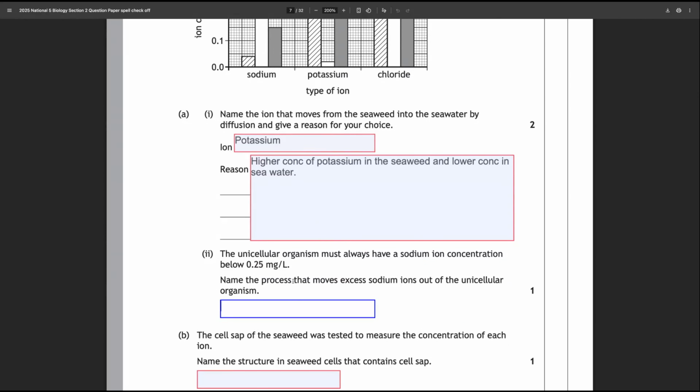Okay, now by diffusion, sodium will be moving into this unicellular organism from higher to lower. So that's into the organism. So if it wants to move sodium ions out of itself, it will need to use the opposite method of transport, which is active transport. That's where we go from a lower concentration to a higher concentration.